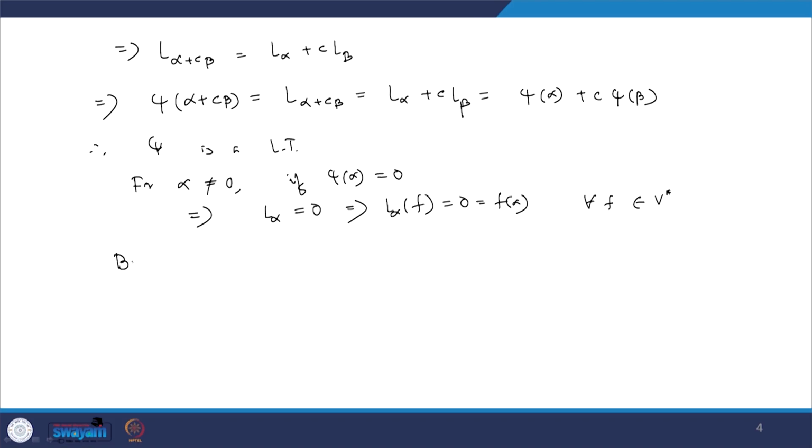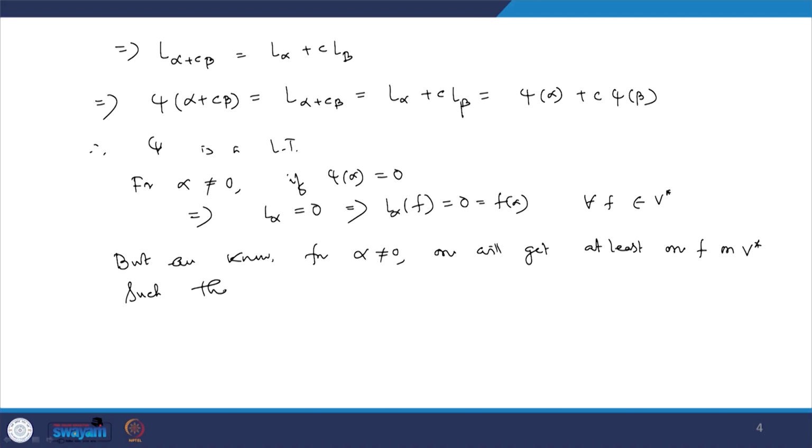But we know for alpha not equal to 0, one will get at least one f on V star such that f of alpha not equal to 0.